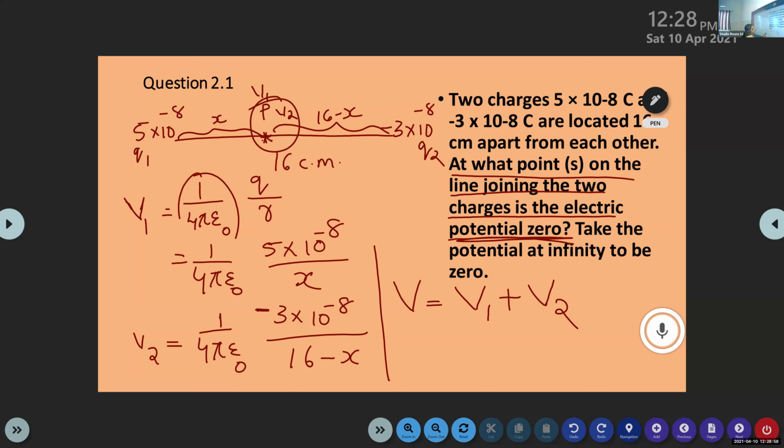So we can write 0 equal to V1, which is 1 by 4 pi epsilon 0, 5 into 10 raised to minus 8 divided by x, plus this minus 3 into 1 by 4 pi epsilon 0, which becomes minus 1 by 4 pi epsilon 0, 3 into 10 raised to negative 8 divided by 16 minus x.